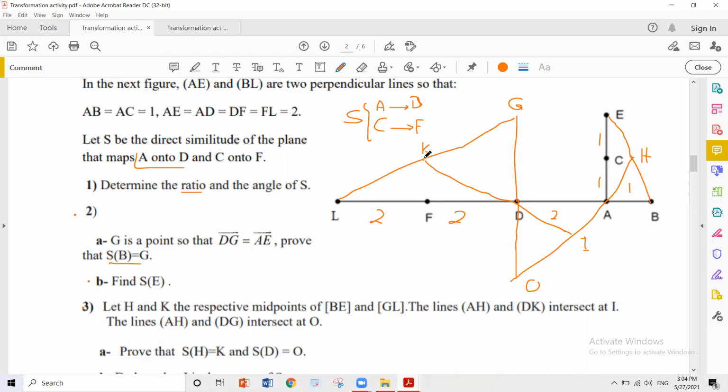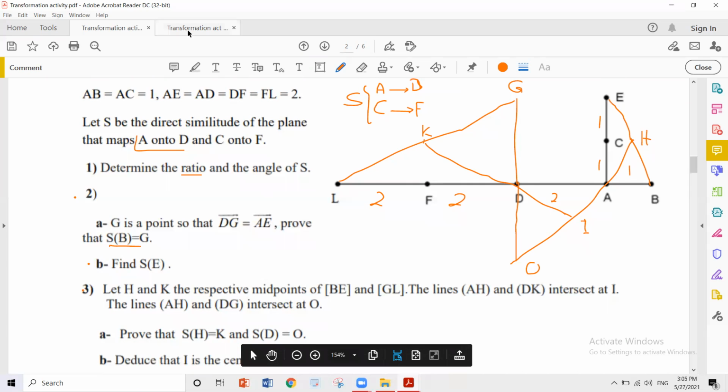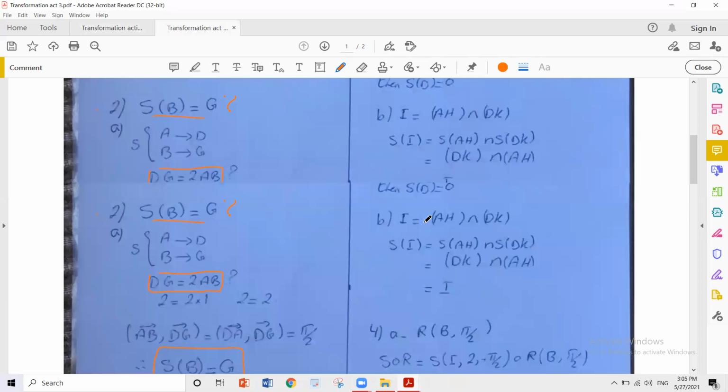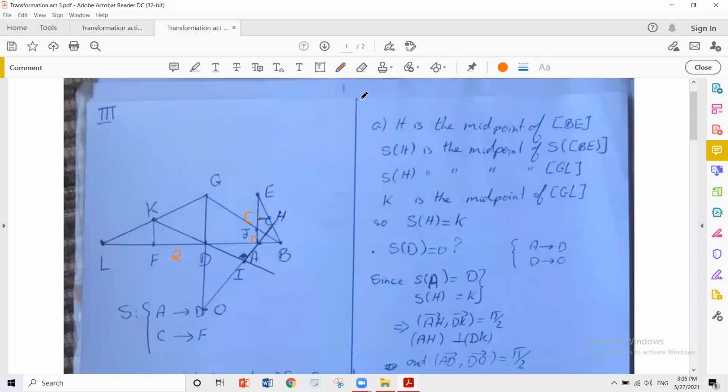How to prove S of H equals K? H is the midpoint of what? Of BE. So we say H is the midpoint of BE.